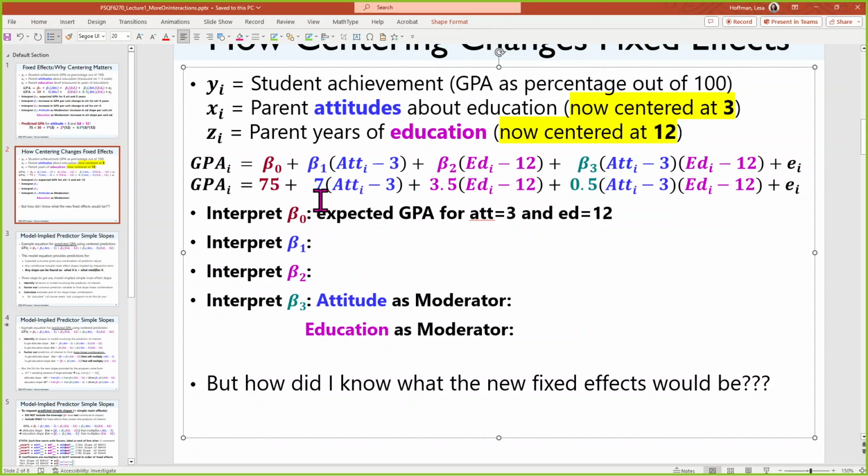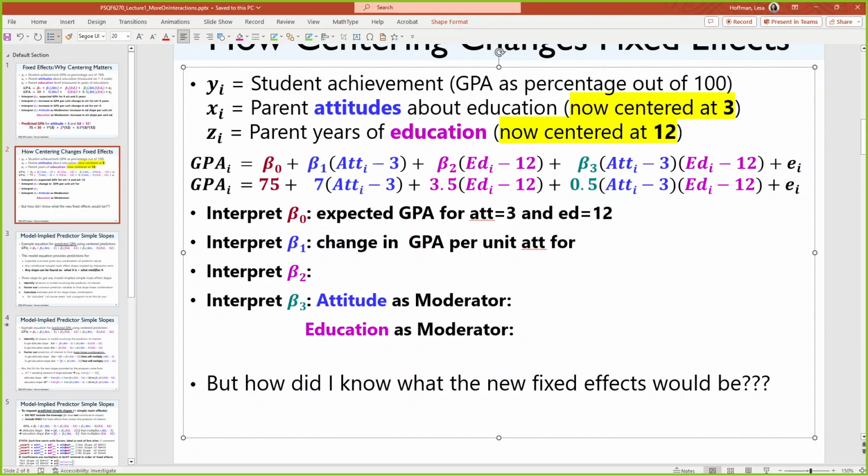This used to be 1, now it's 7. So this is change in GPA per unit attitude, for whom?